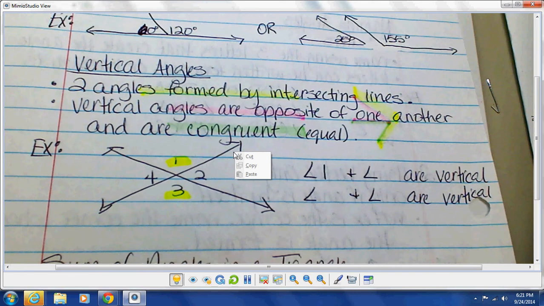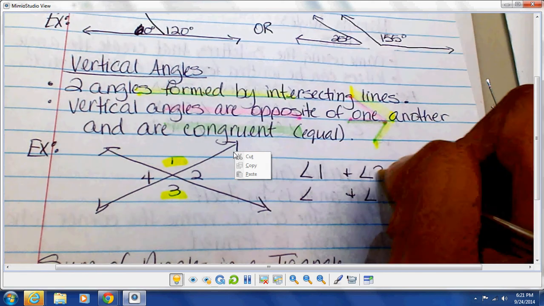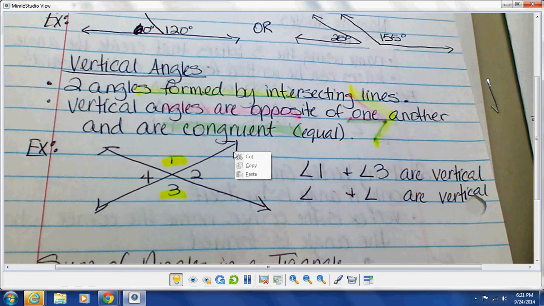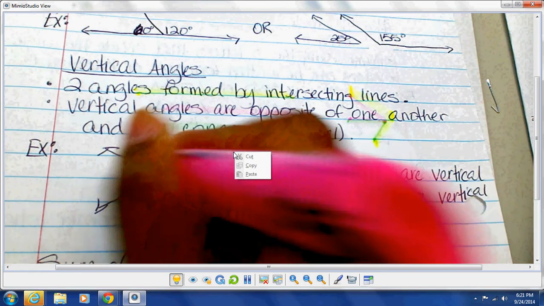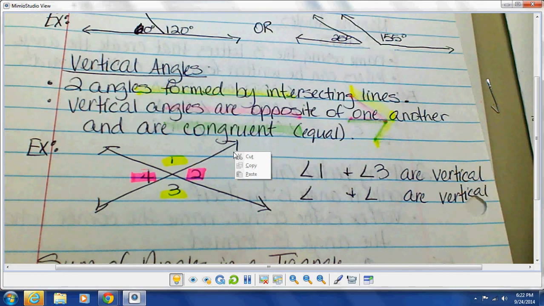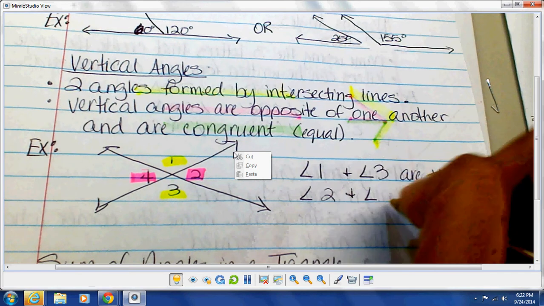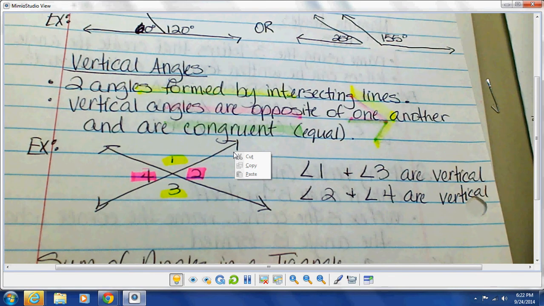So that means angles 1 and 3 are vertical. So that leaves us with angle 2 sitting over here, and opposite of it is angle 4. So therefore, angles 2 and 4 are vertical.